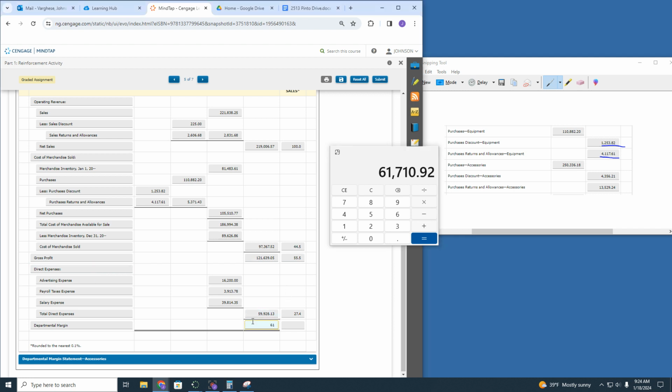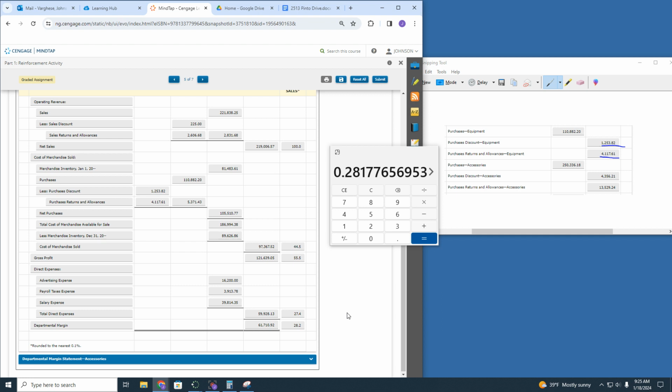And I wind up with 61,710.92, and divide that by net sales, and I get my departmental margin of 28.2%. So this department is making about 28 cents for every dollar.